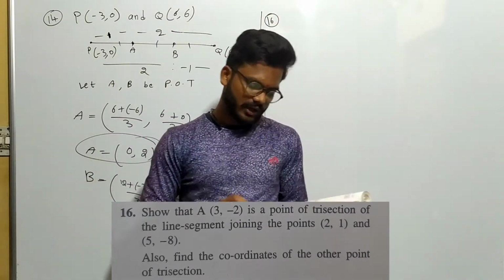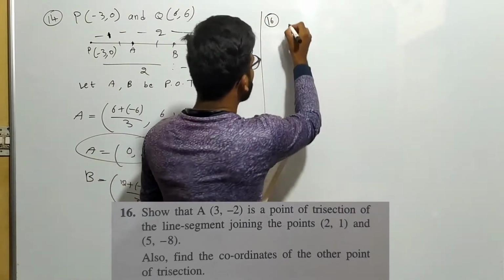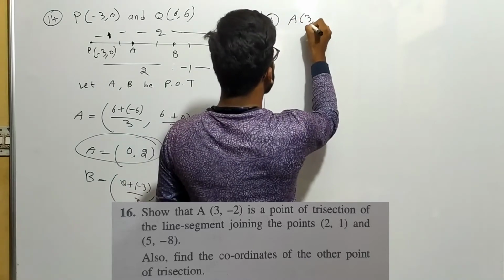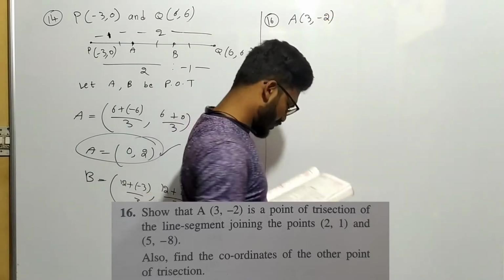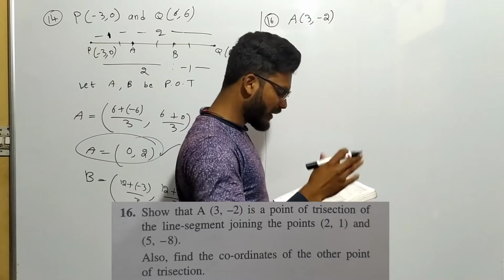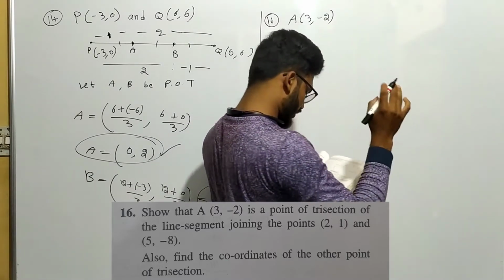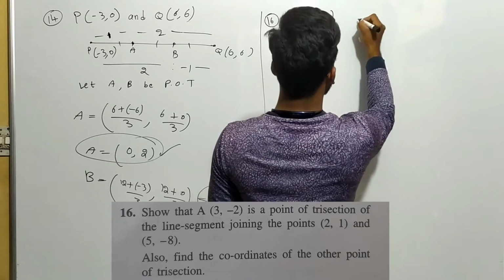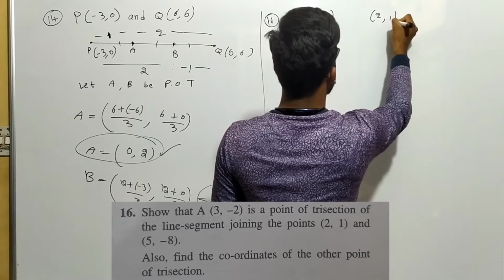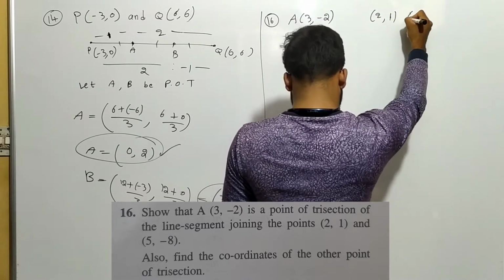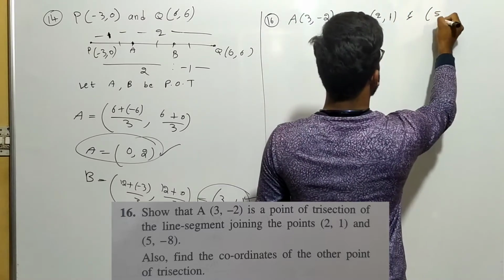Show that A(3, -2) is a point of trisection of the line segment joining the points (2, 1) and (5, -8).